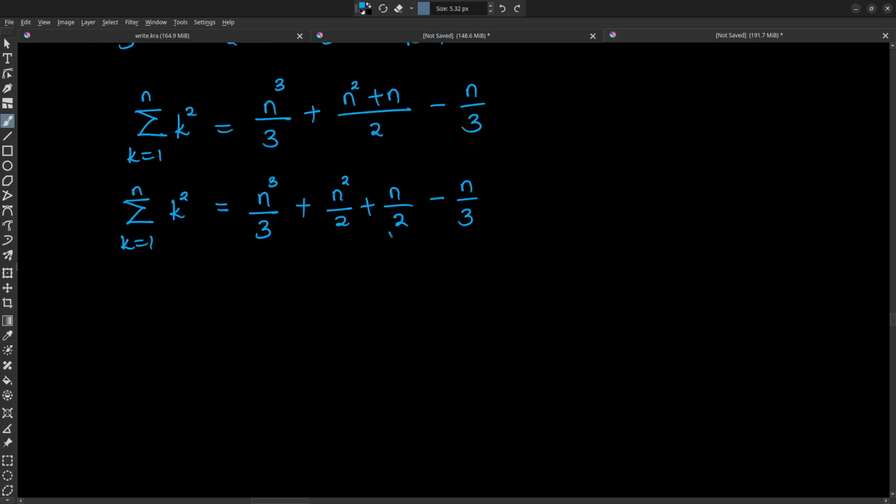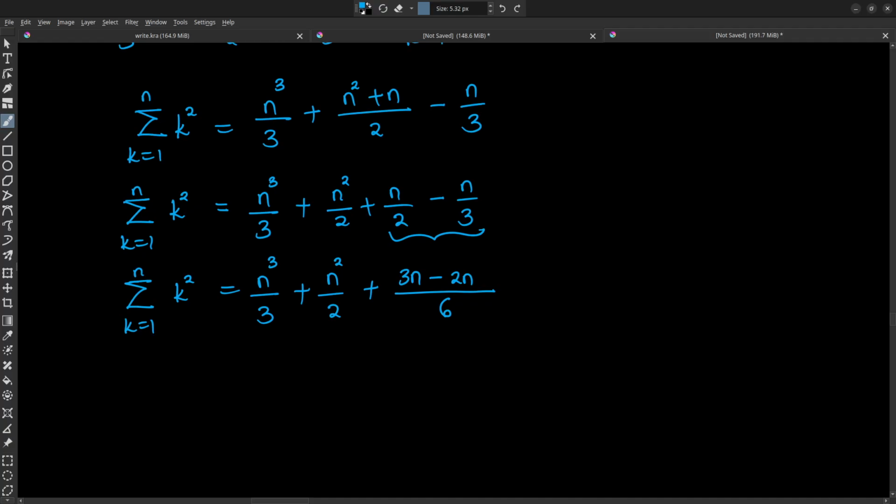Now these two have the n, right? So we need to find their LCM. The LCM of 2 and 3 is 6, right? 6 divided by 2 is 3, times n, that's 3n, minus 6 divided by 3, that's 2, 2 times n, that's 2n. Then we have plus n squared over 2 plus n cubed over 3, and this equals the summation of k squared from k equals 1 all the way to n.